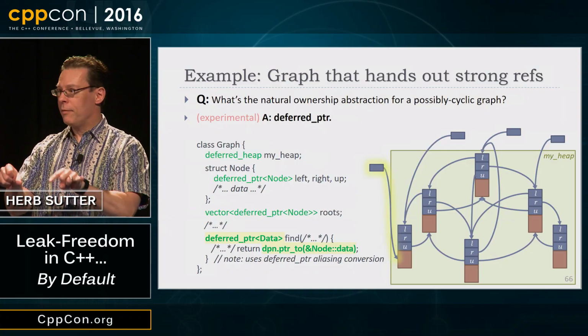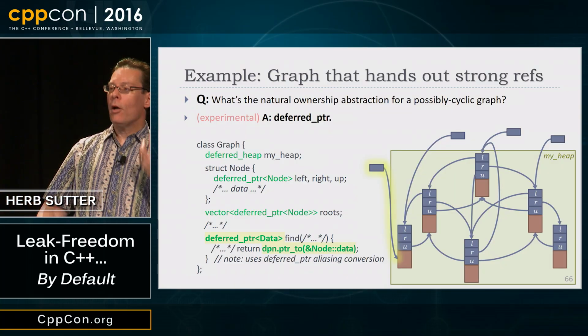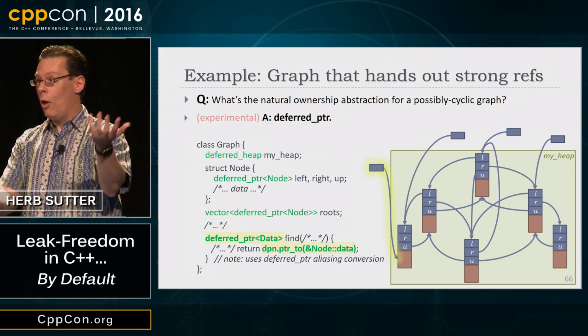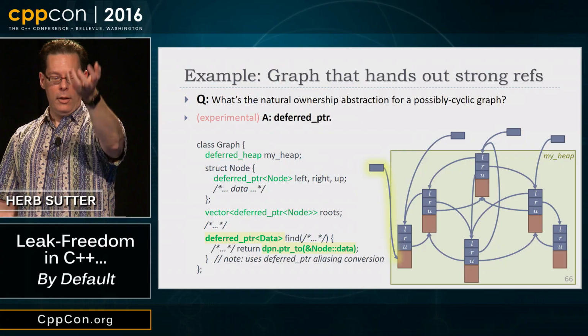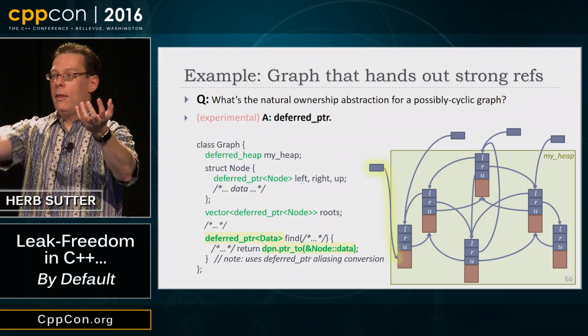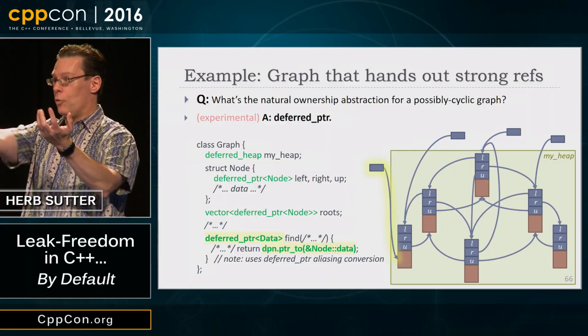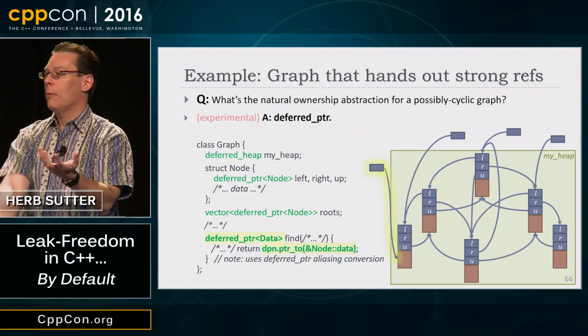This is type safe. You can't get it wrong, because you can only call it with a valid, unless it's a null pointer, which I'll check. If you call it with a valid, non-null deferred pointer to node, and you ask for the member data, you will get a pointer to that data member. And you can't do anything else. You cannot put in an arbitrary pointer.